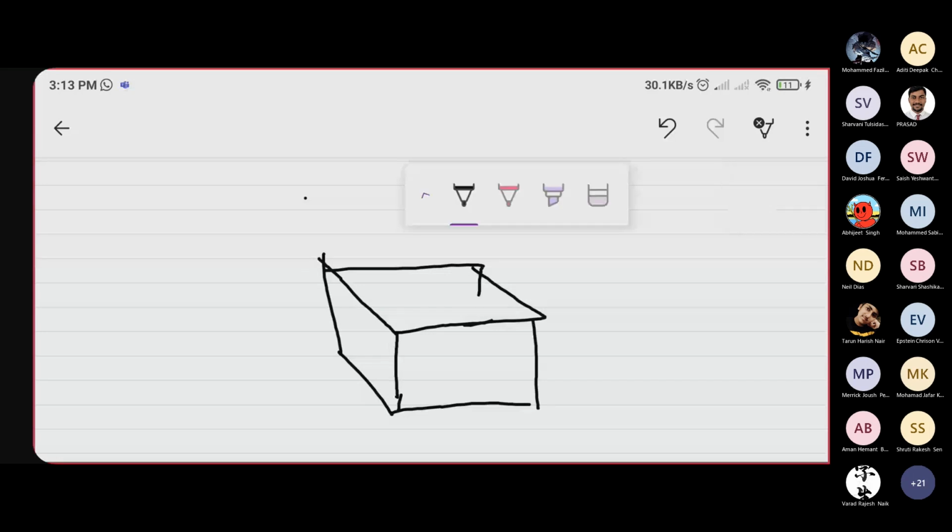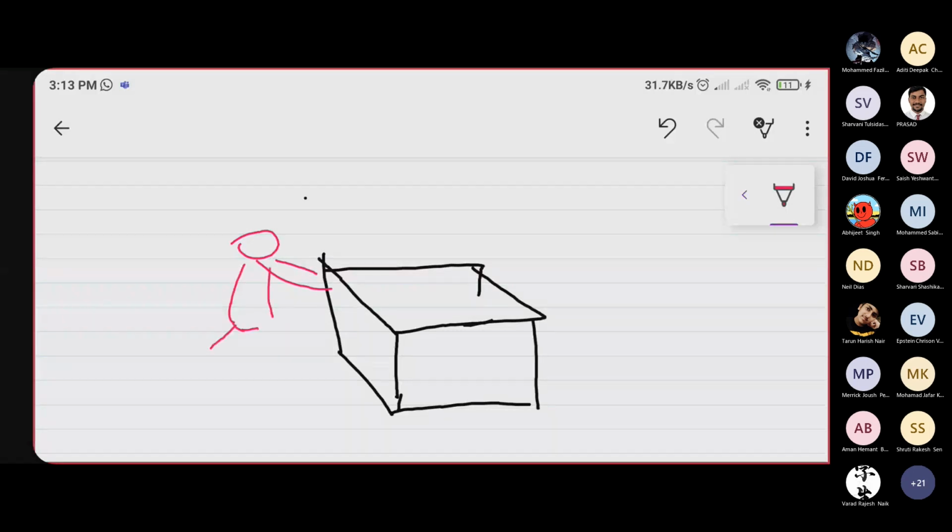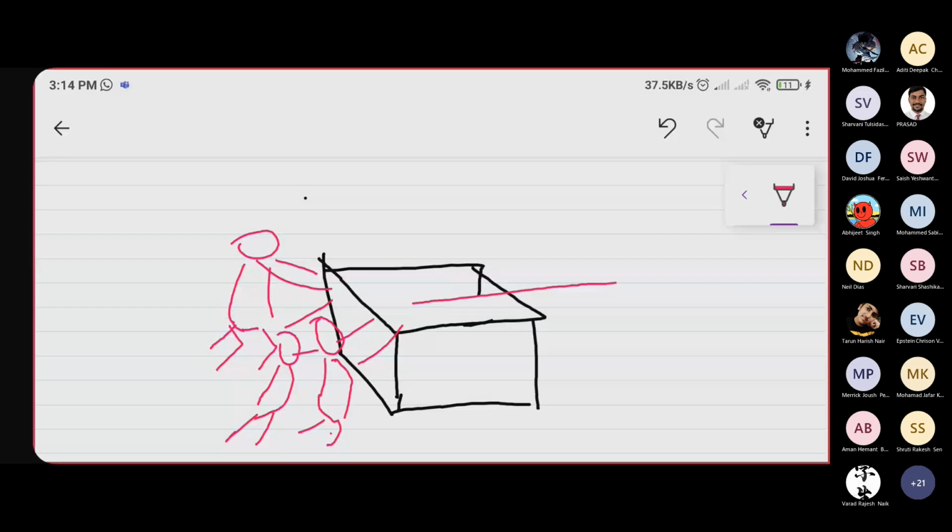So just imagine, these three men are pushing this heavy box, and they want to move this box from this position to this position.